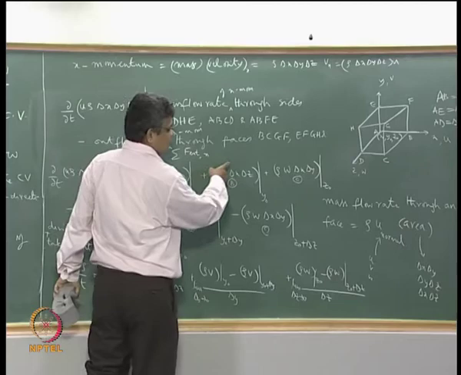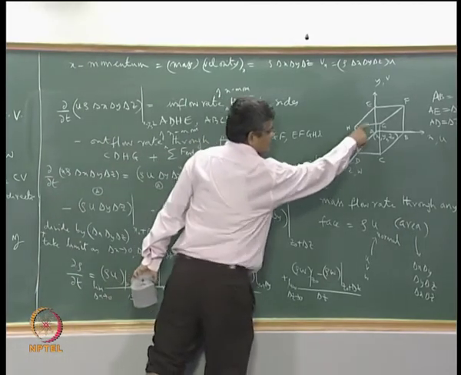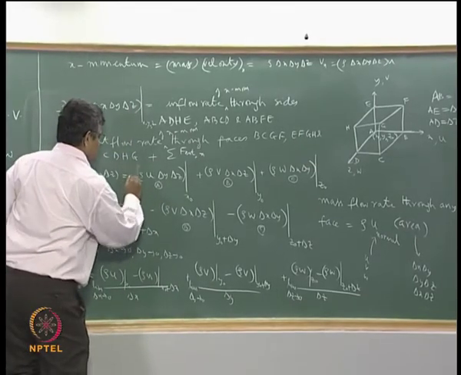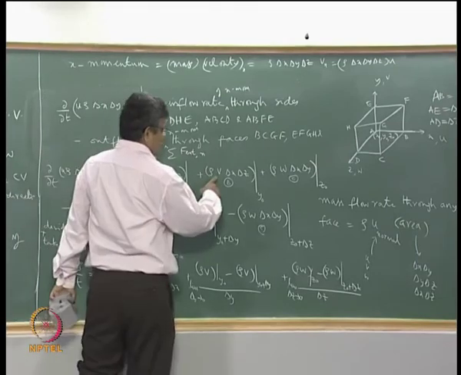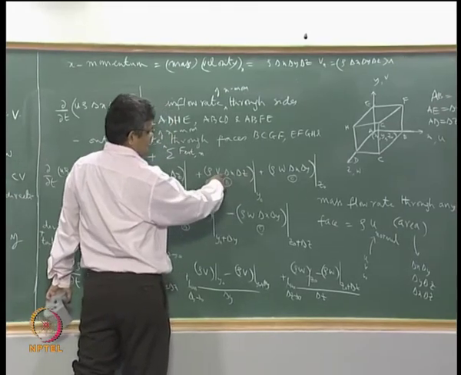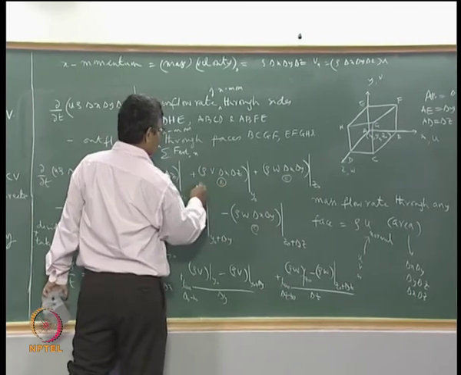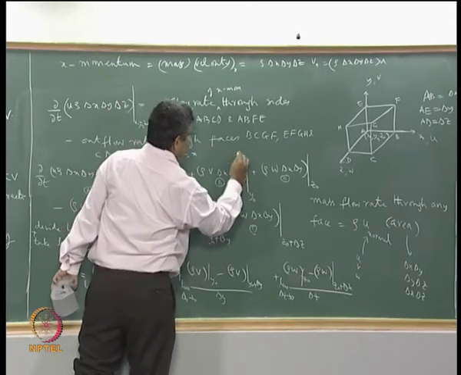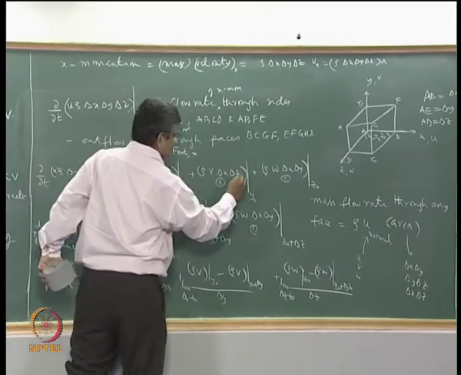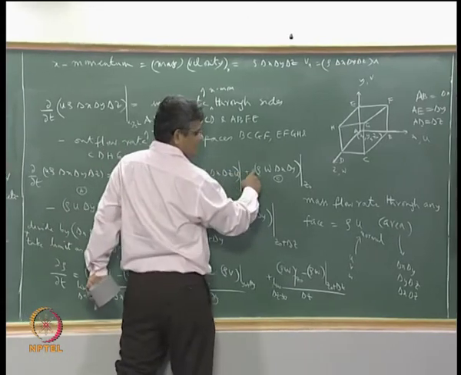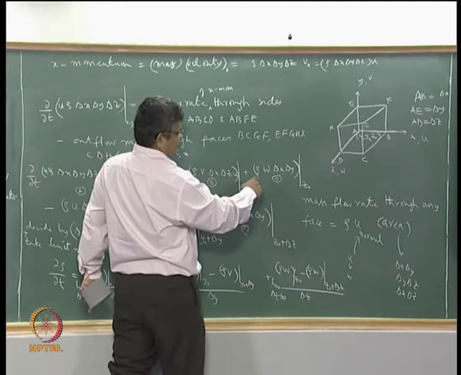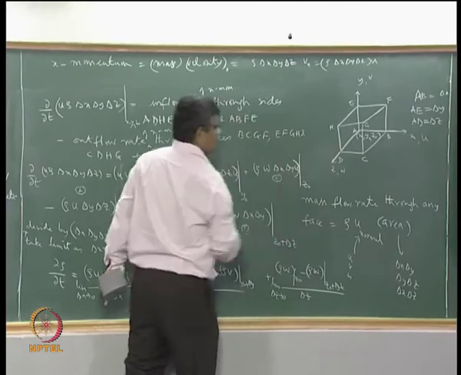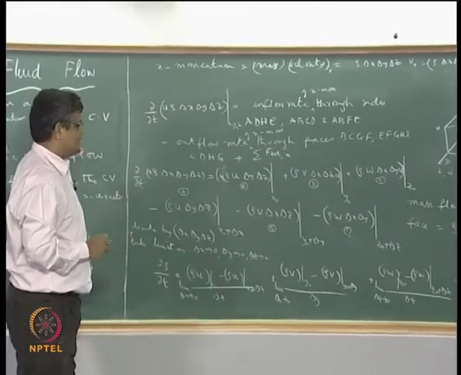So the x momentum being carried by the fluid entering through the left face is the mass flow rate times u. The x momentum being carried by the fluid entering through the bottom face is the mass flow rate times the velocity component representing the x momentum, which is u. And the x momentum being carried by the fluid entering through the back face is the mass flow rate times the velocity component in the x direction.